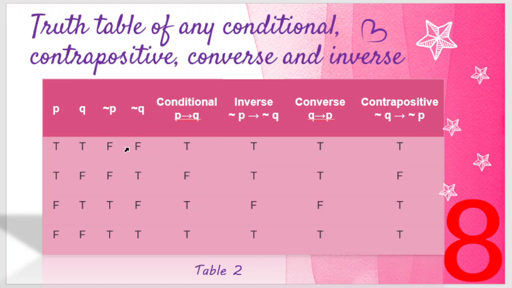So we have here false, so that is true. Then true false, so that is false. False true, so that is true. True, so that is false. Alright, so that's our truth value of conditional, inverse, converse, and contrapositive.